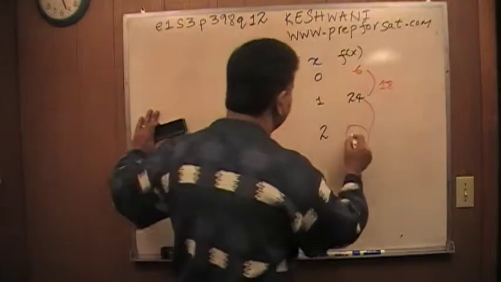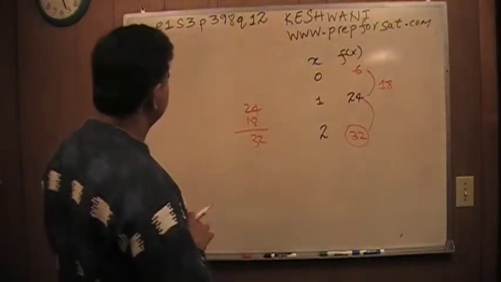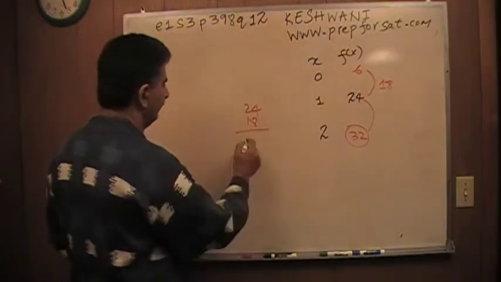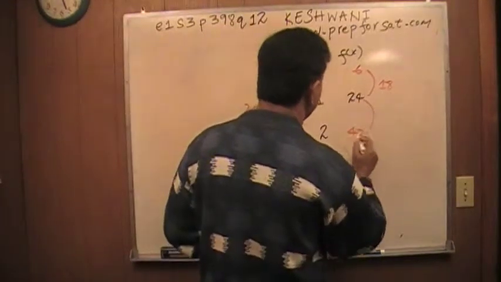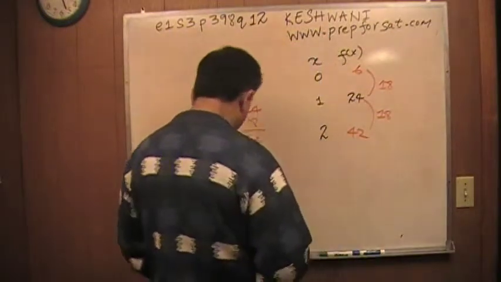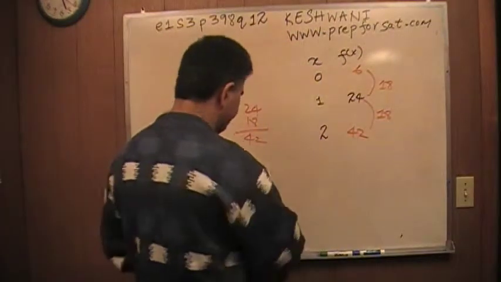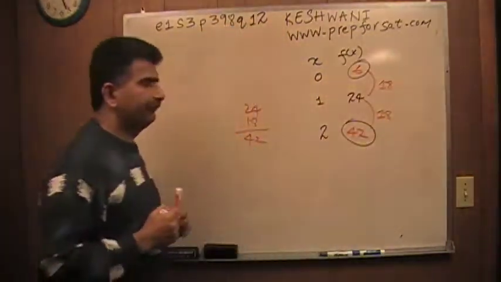Looks like 32. Is that right? 42, which makes sense. Which makes sense because, again, this is the increase of 18. Again, you see, the value of this guy and this guy is 48.